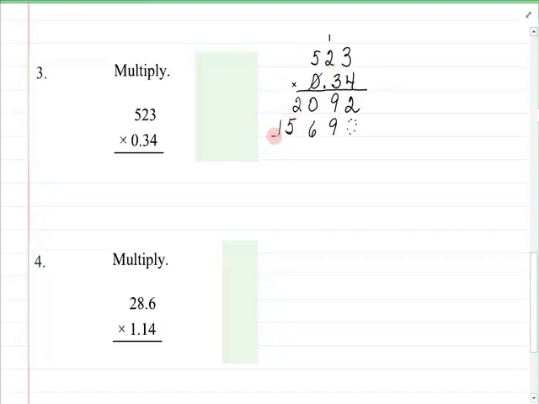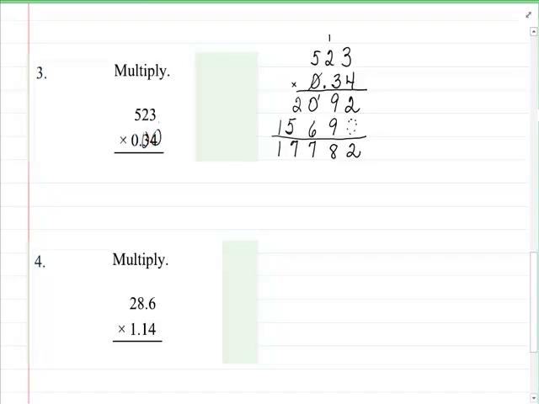I have totally ignored my decimal points. I add for 2. 9 and 9 is 18. Carry the 1. 1 and 6 is 7. 2 and 5 is 7. And bring down the 1. Now it's time to concern ourselves with the decimal points. So I'm going to say how many decimal places did I have?